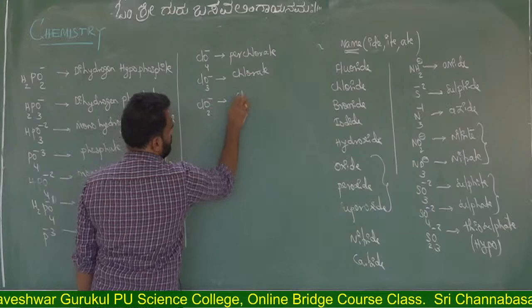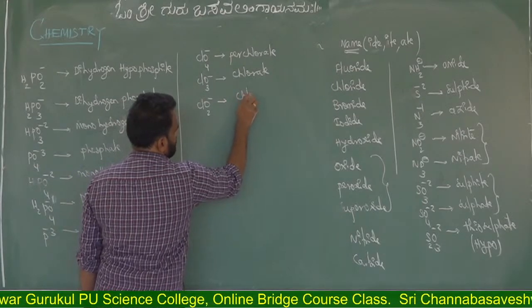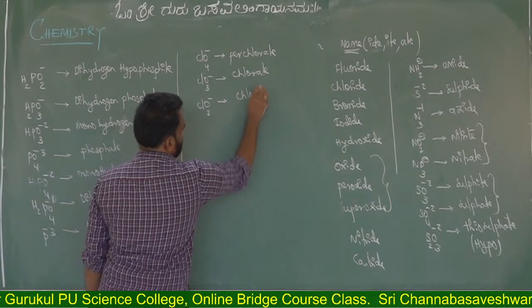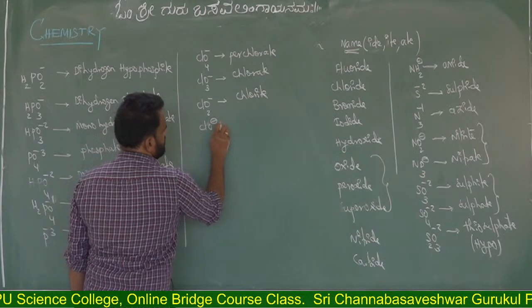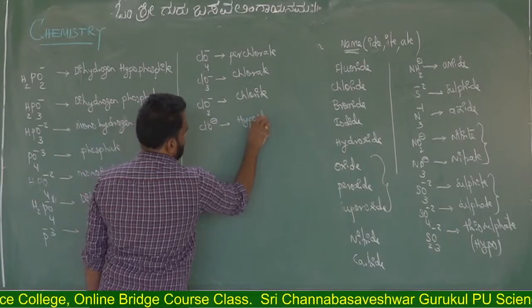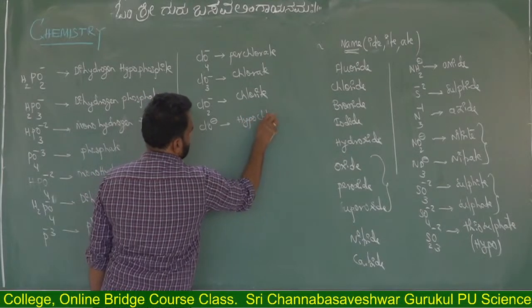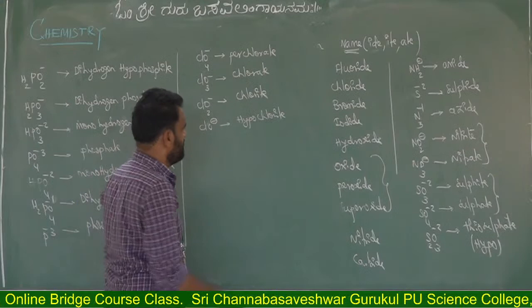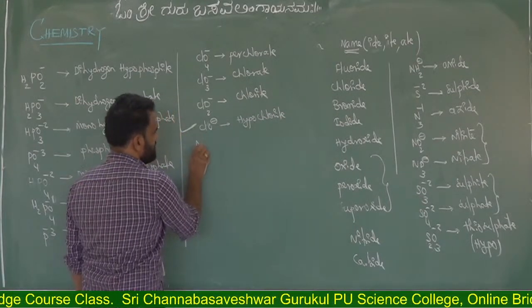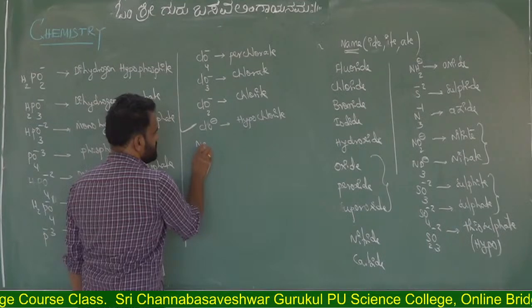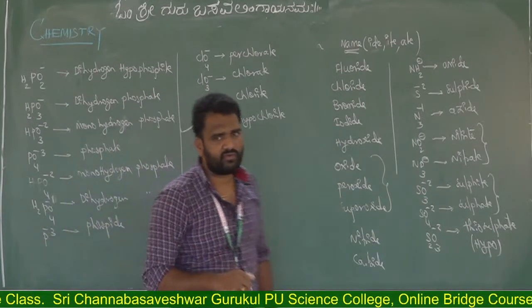This is chlorite, and ClO minus, this is hypochlorite. Here, very important: nowadays we are using sodium hypochlorite to kill the coronavirus.